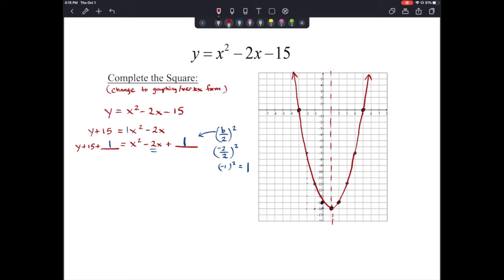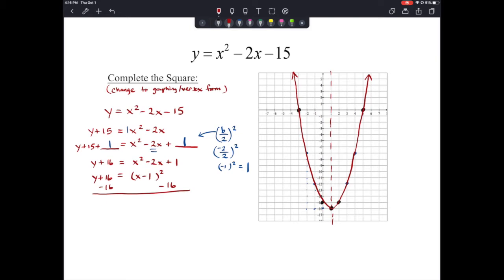And you'll see now that we've got y plus 16 equals x squared minus 2x plus 1. Third step, factor the perfect square trinomial. This should end up being x minus 1 quantity squared equals y plus 16. Fourth and final step, get your k over onto the right side.